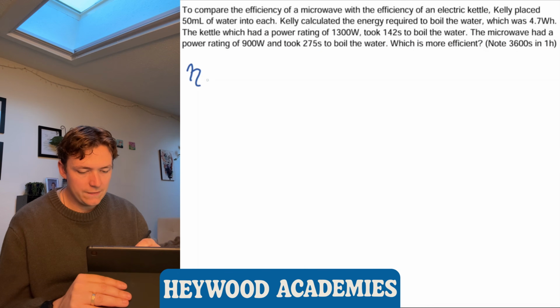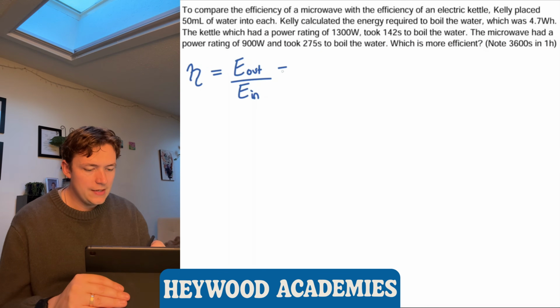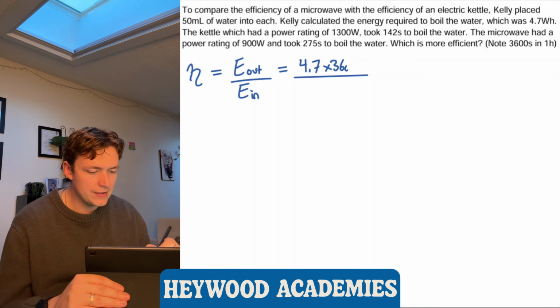Okay, let's start with our efficiency equation. So we got energy out over energy in. Then the energy out is going to be that 4.7 watt hours. But if we do the same thing we did before, we just got to multiply it by 3,600 to get that into joules. Then the energy in for the kettle is going to be 1,300 watts, and then multiplied by time, which is 142 seconds.